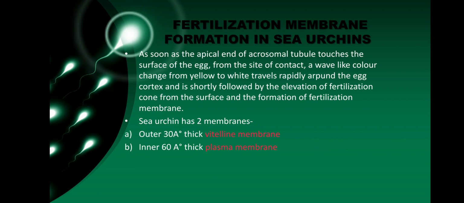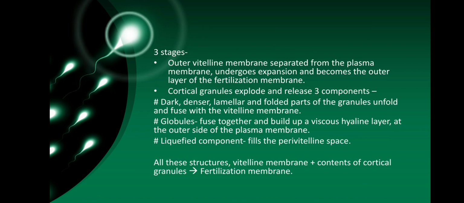So that's how the fertilization membrane is formed in sea urchins. The sea urchin egg has two membranes, an outer 30 angstrom thick vitelline membrane and an inner 60 angstrom thick plasma membrane. Two different membranes are present, and they are formed in three different stages.